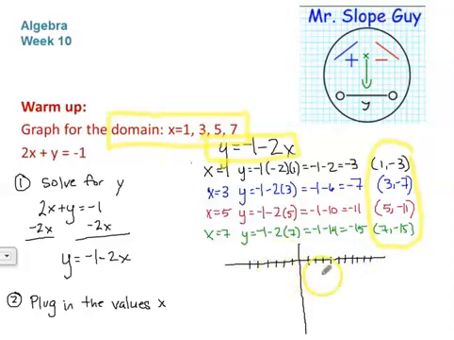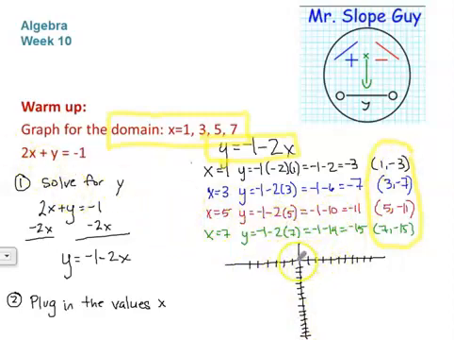We don't actually have any x's in the negatives, but we have a lot of negative values for our y's. So 1, 2, 3, 4, 5, 6, 7, 8, 9, 10, 11, 12, 13, 14, 15. Ignore what I said about a scale of 2. So let's plot our points now.